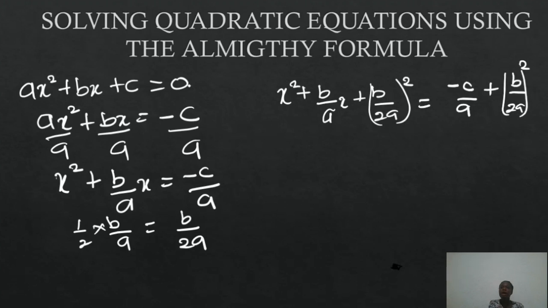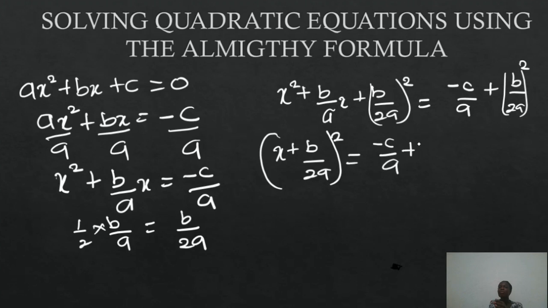So from here we are going to take the terms that are squared, then we are going to add those two terms and square them. So we are going to take x plus b over 2a and square all of this, which will be equal to negative c over a plus, now b over 2a squared is going to give us b squared over 4a squared. So now let's work on what is on the right hand side.